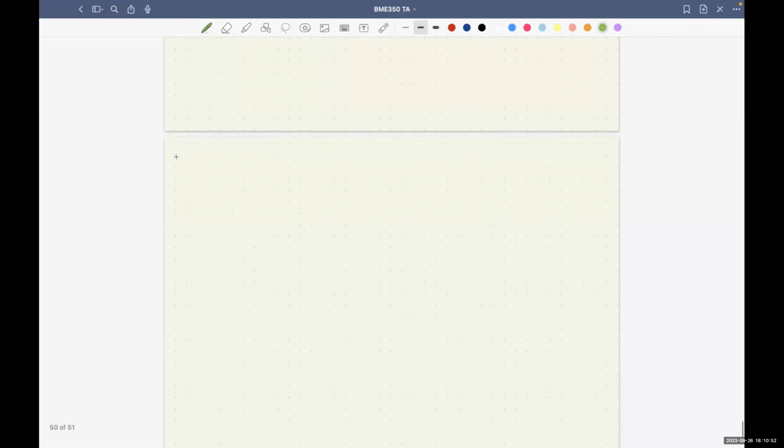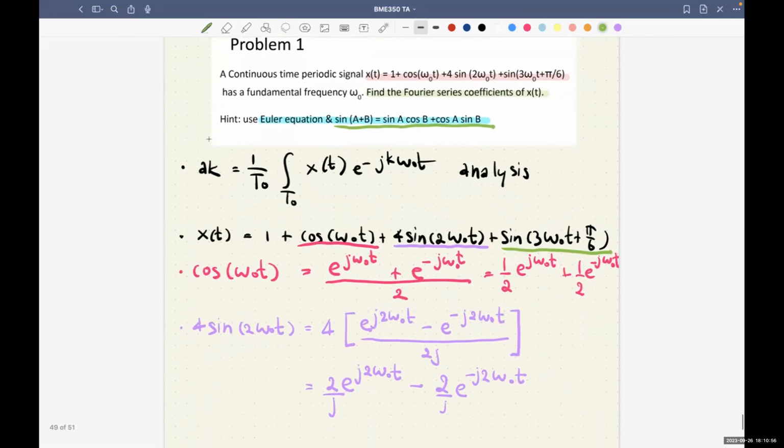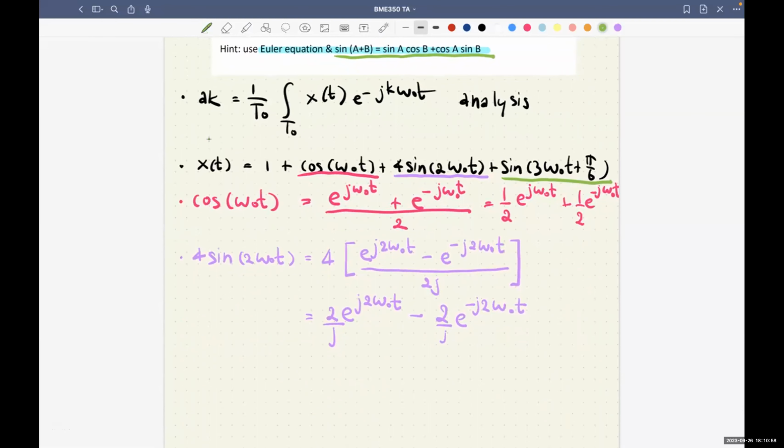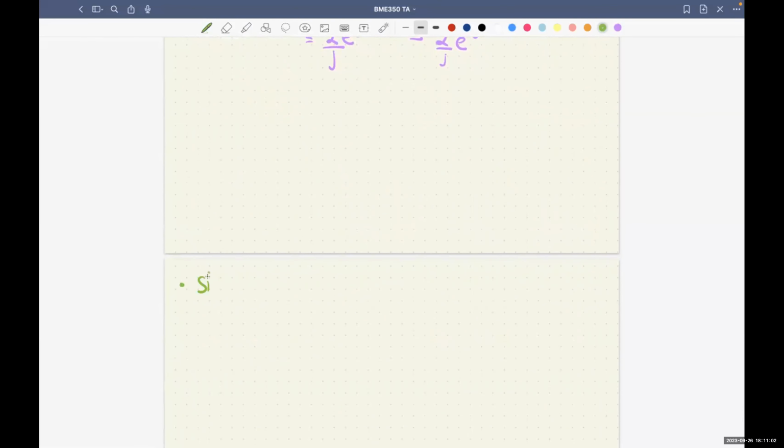Let's work on our third term here. We have our third term as sine 3 omega naught t plus pi over 6.